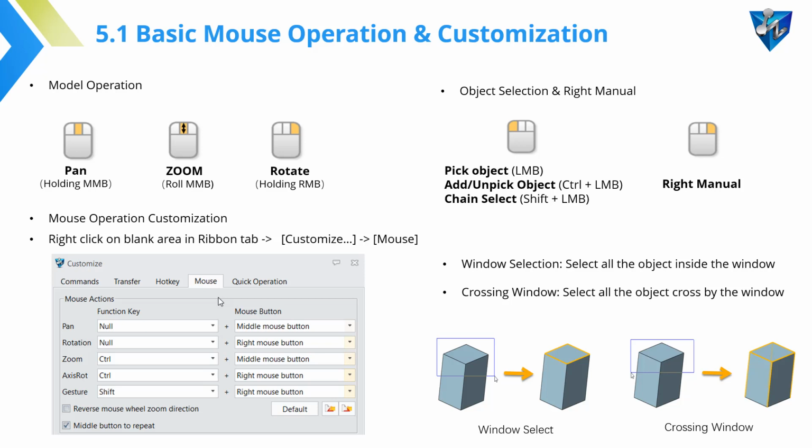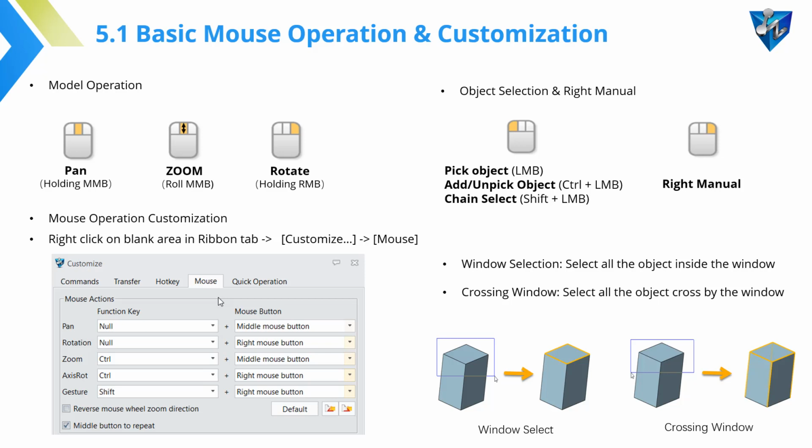All of these mouse operations can also be customized in the Customize menu. In the same way, just right-click on the blank area in the Ribbon tab, choose the Customize menu, and move to the Mouse tab to customize your own mouse actions. For object selection in ZW3D, you can left-click to pick the object.